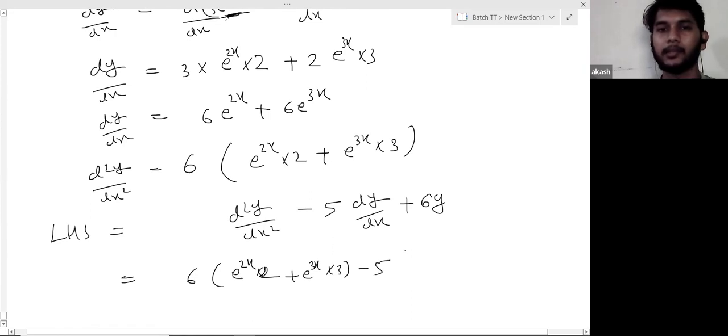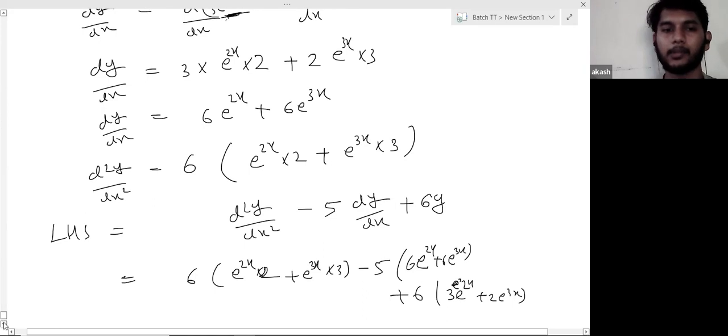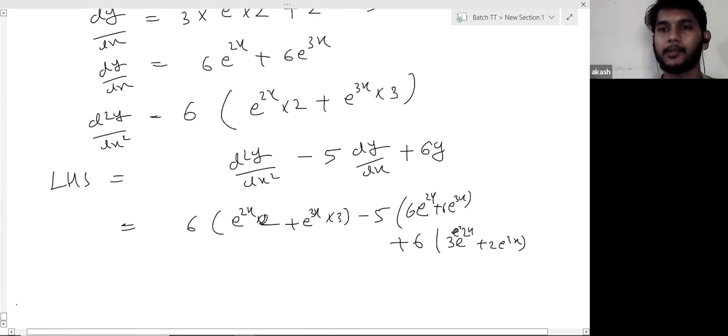What is dy by dx? We have 6e raised to the power 2x plus 6e raised to the power 3x, plus 6y. What is y? 3e raised to the power 2x plus 2e raised to the power 3x. So just add them, you'll get the answer.